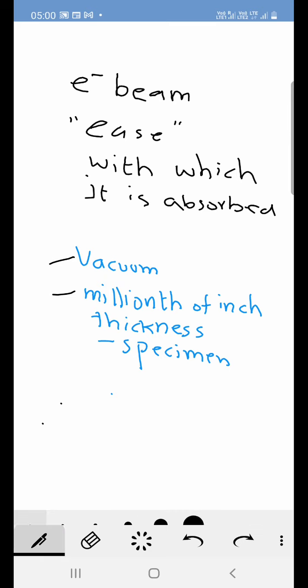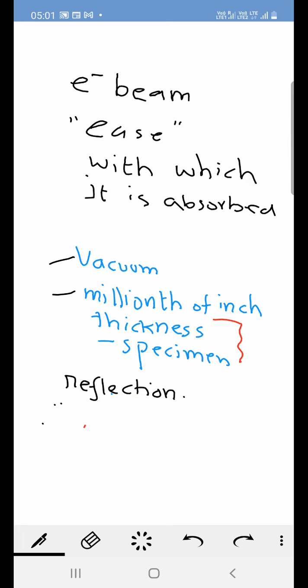Now, the use of very thin specimen can be avoided if we have reflection specimen. Can avoid this problem of lower thickness.